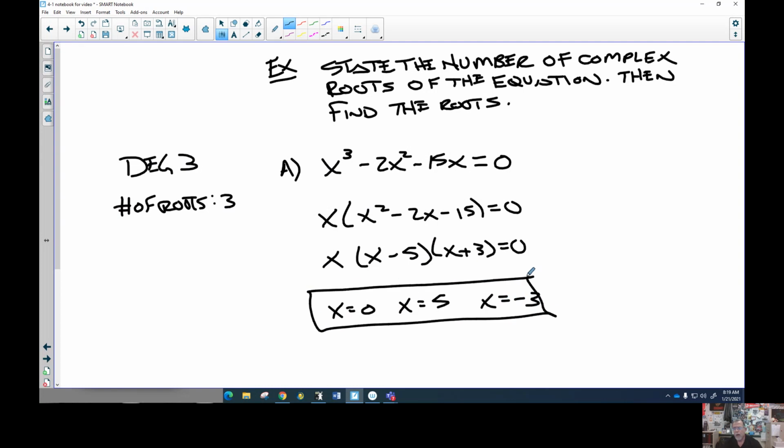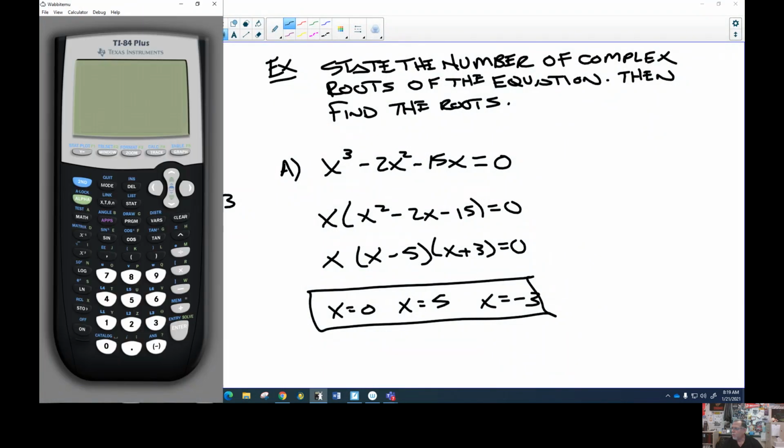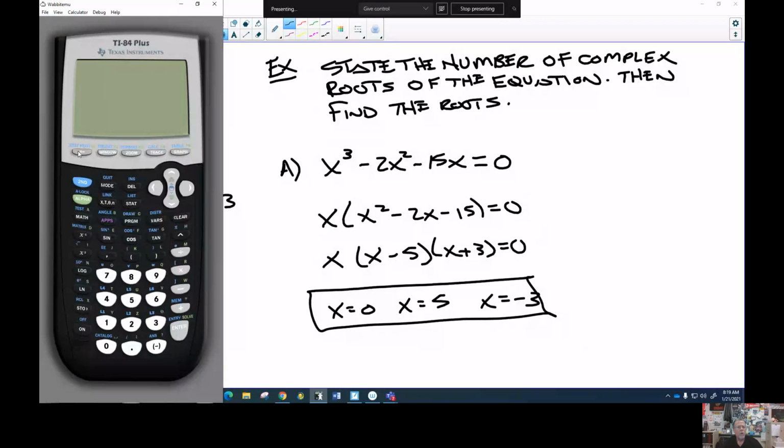So those are roots. Now, I found those by factoring, but I could have also found those by using my graphing calculator. I'm going to take us out of this, put us back in, make sure we have our graphing calculator handy. We could have gone in and said y equals and done this original equation.